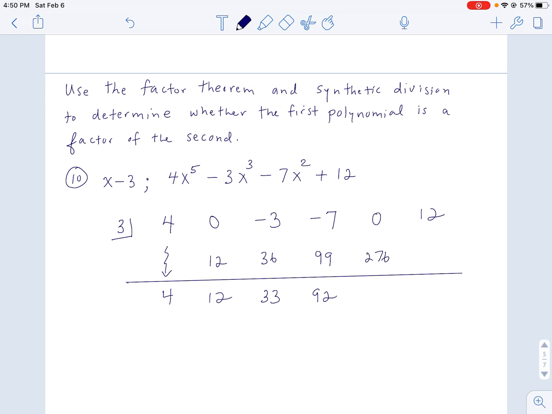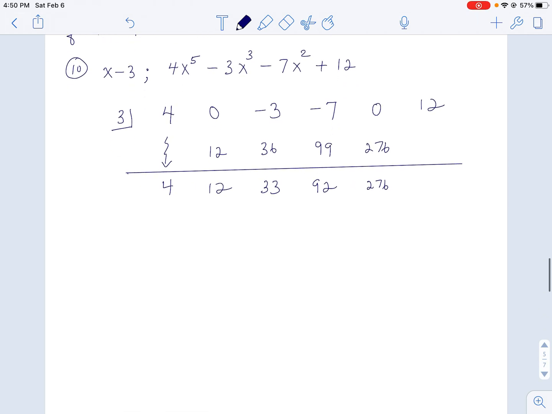Wow. Boy, these numbers got out of control very quickly. 276 plus 0 is 276. And finally, my last column, to get the number, I've got to take 3 times 276. Oh, my Lord. I'm going to do this on the side. 276 times 3 is 828.